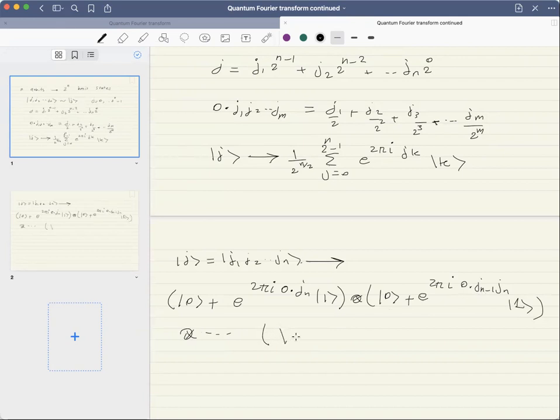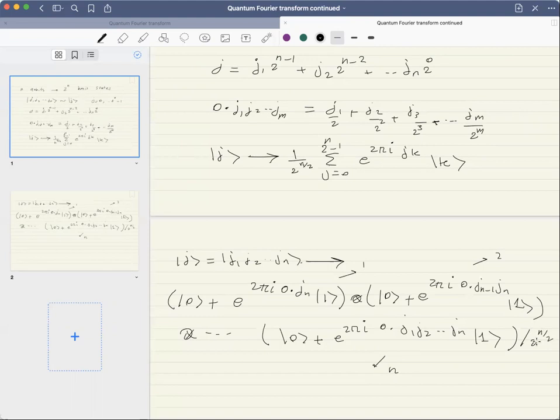So ultimately for the last one, we're going to get 0 plus e to the 2 pi i 0 point J1, J2 up to Jn, state 1. So this would be for qubit 1, this would be for qubit 2, this would be for qubit n, where we get n digits here. And of course, this has to be normalized, so we divide it by 2 to the n over 2.